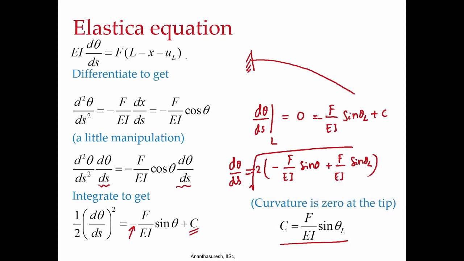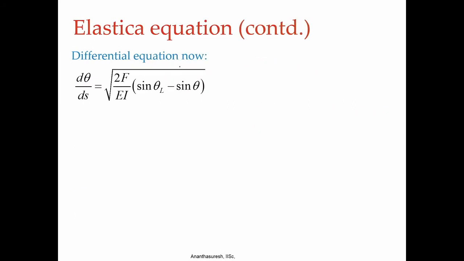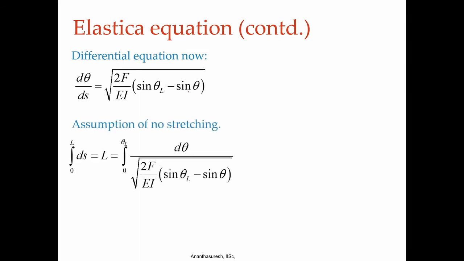We got an equation that transformed from here to here. Now, in the process we have managed to eliminate that u L that was there, but we need an equation to solve for it, as we will see later. So, let us proceed with this equation that we have, d theta by ds is the square root of 2 F by E I, I have just taken it common, times (sin theta L minus sin theta).